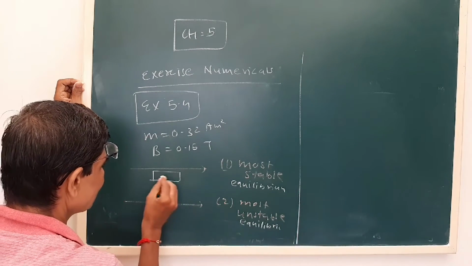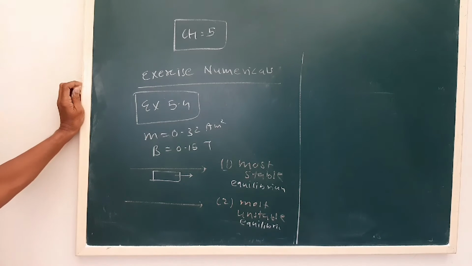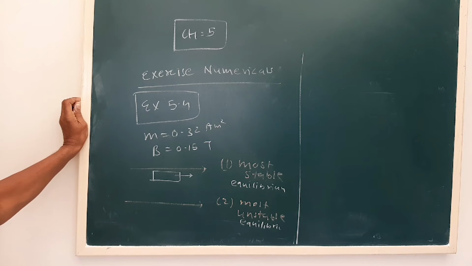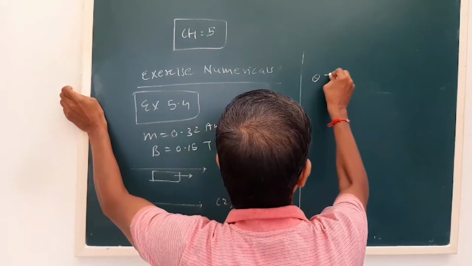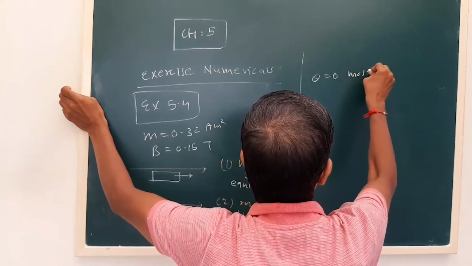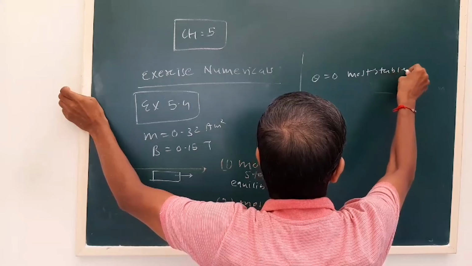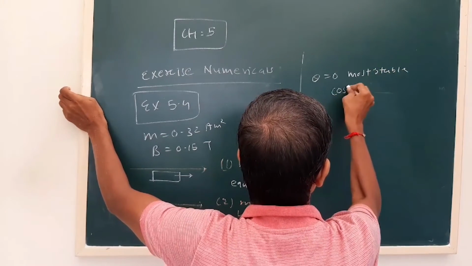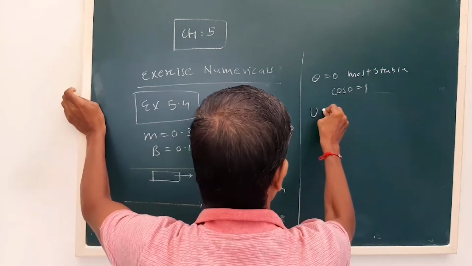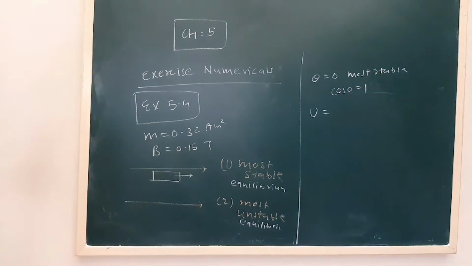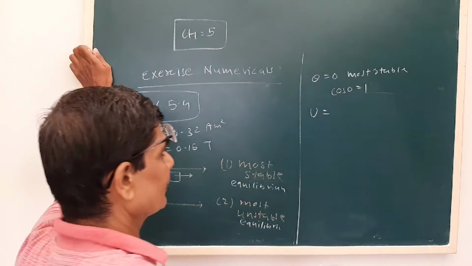Now see, when it is placed parallel to the field, okay, theta is equal to 0, it is most stable condition. Now cos 0 is 1. Now see, what is the formula for the potential energy of the dipole or a bar magnet?